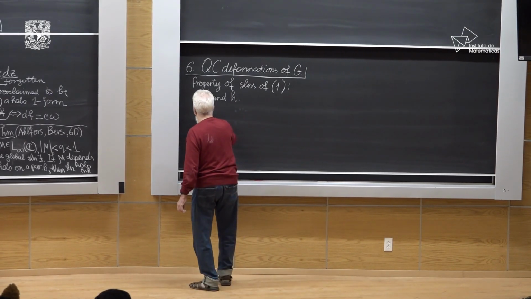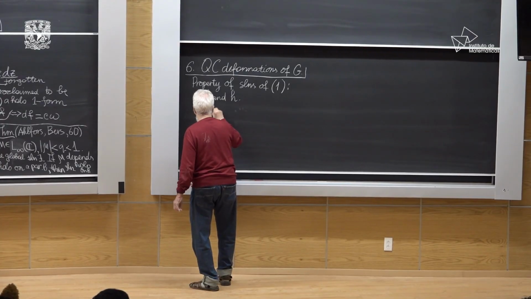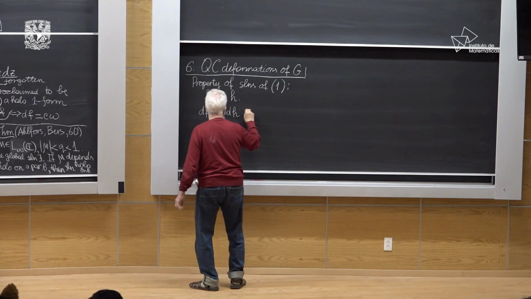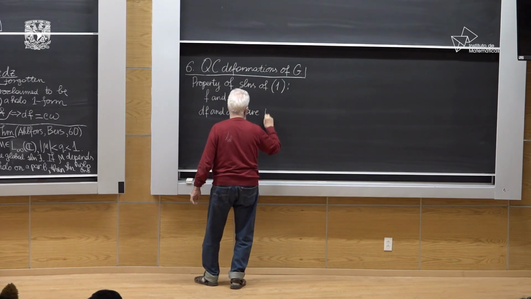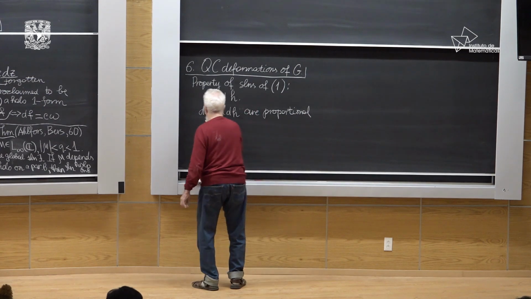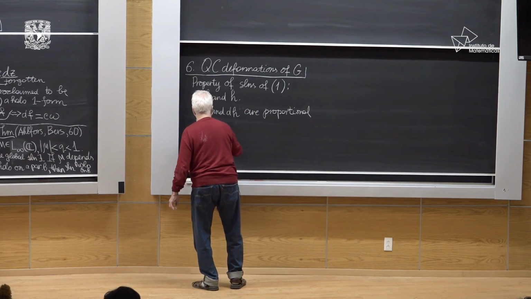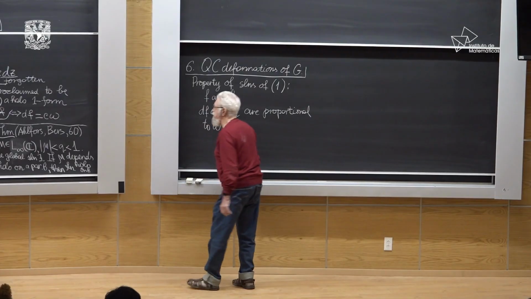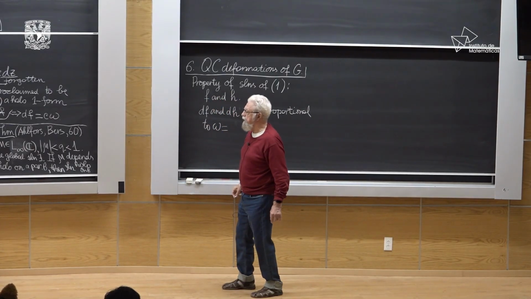So df and dh are proportional to the form omega that may be written in the following way.